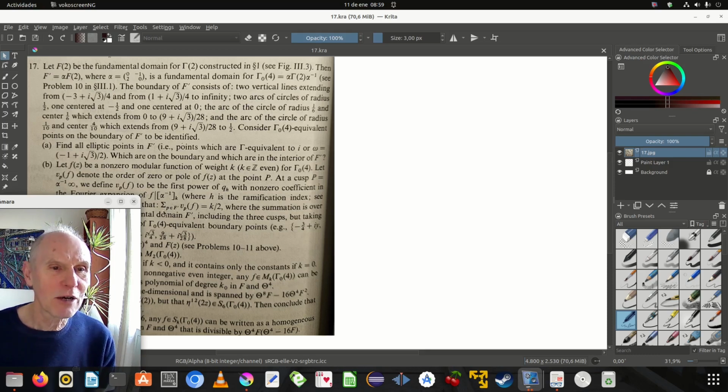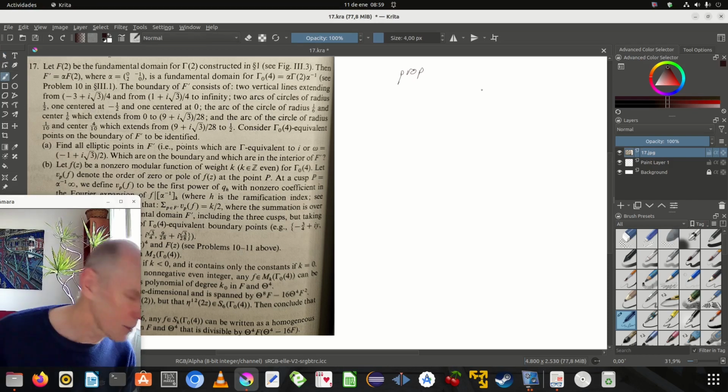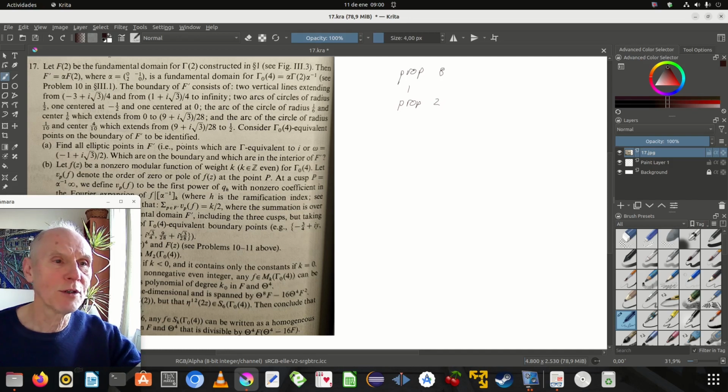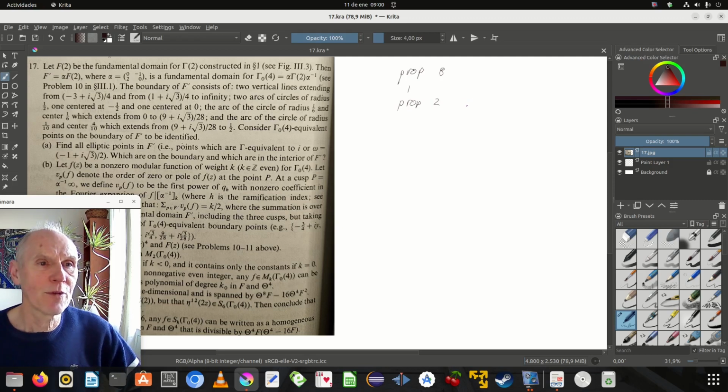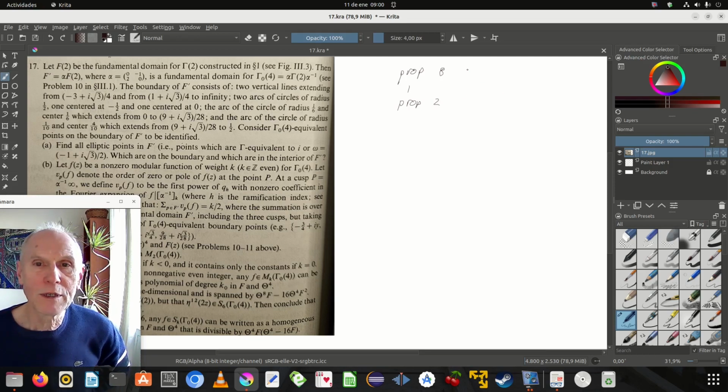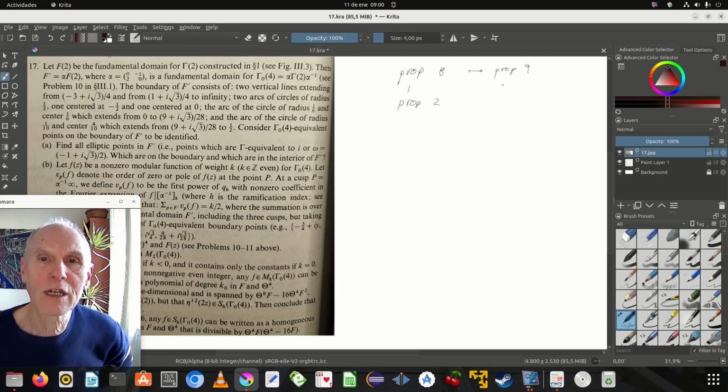Well, the point comes down in problem part B, that we need to make an analogous result to proposition 8, which in turn depends on proposition 2, which are exactly about the equivalent points on the boundary of the fundamental domain of gamma naught 4.